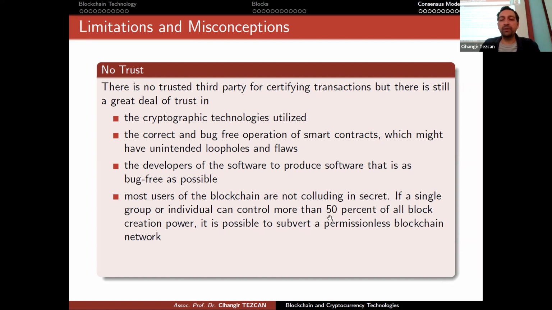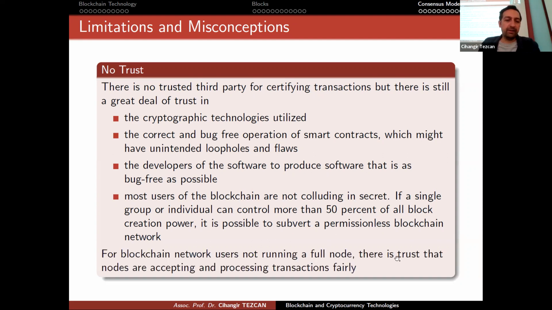Even if you don't have 50%, for example, you might have 40%, you can still perform this kind of 51% attack, but the attack now does not work with probability 1, but probability something close to 1. So the 50% here is not a definite limit.